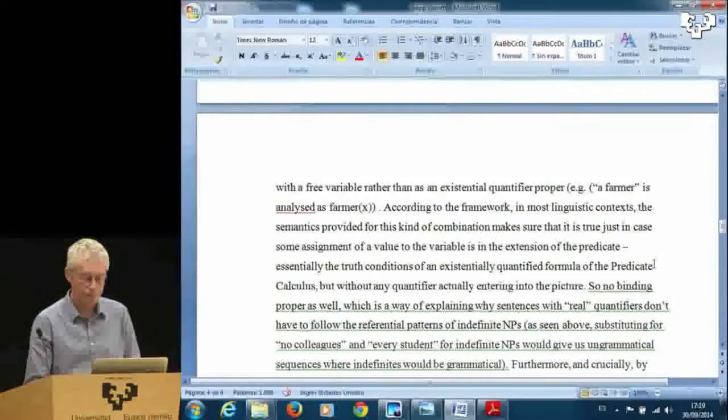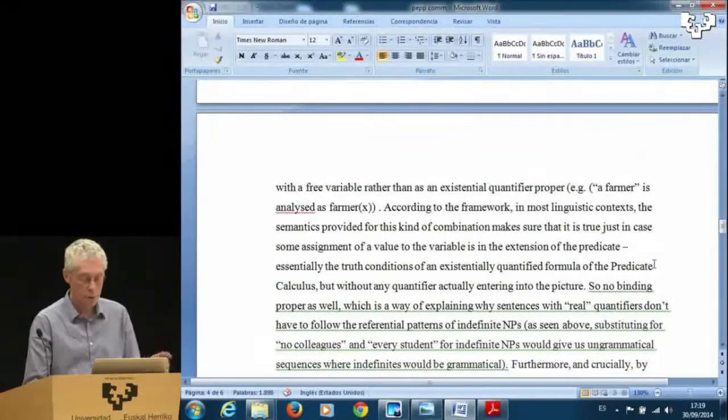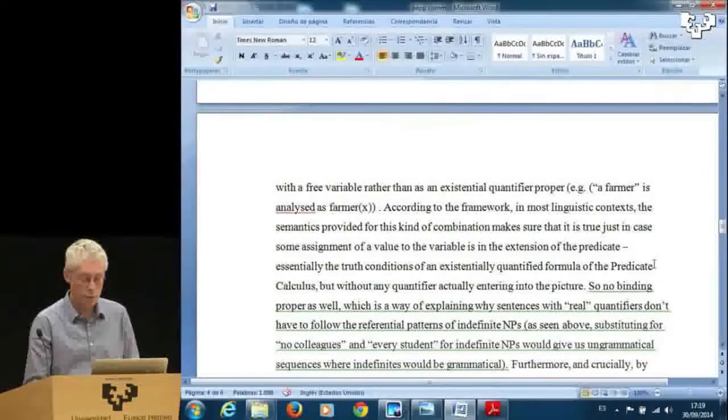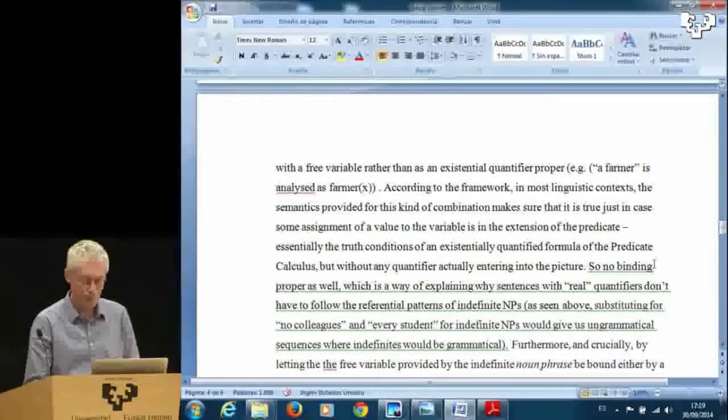the picture. So no binding proper as well, which is a way of explaining why sentences with the real quantifiers don't have to follow the referential patterns of indefinite NPs, as seen above. Substituting no colleagues and every student for indefinite NPs would give us ungrammatical sequences where indefinites would be grammatical.